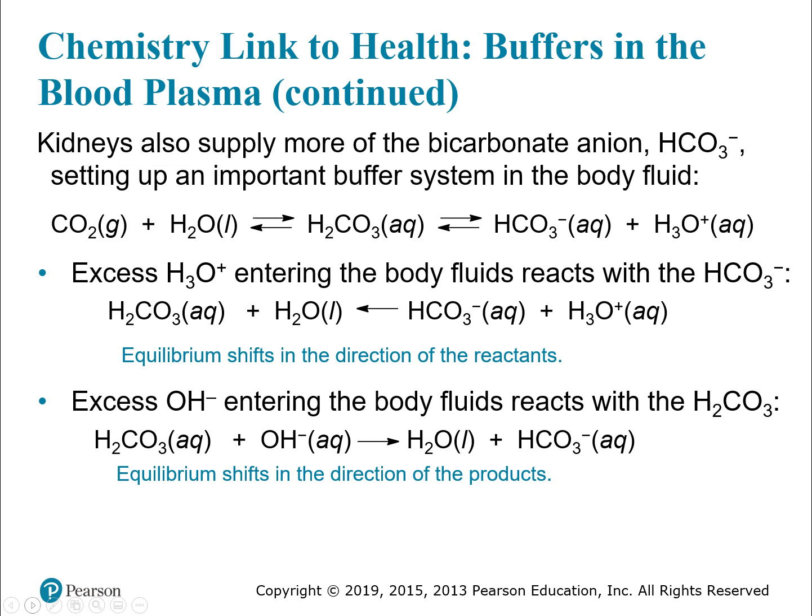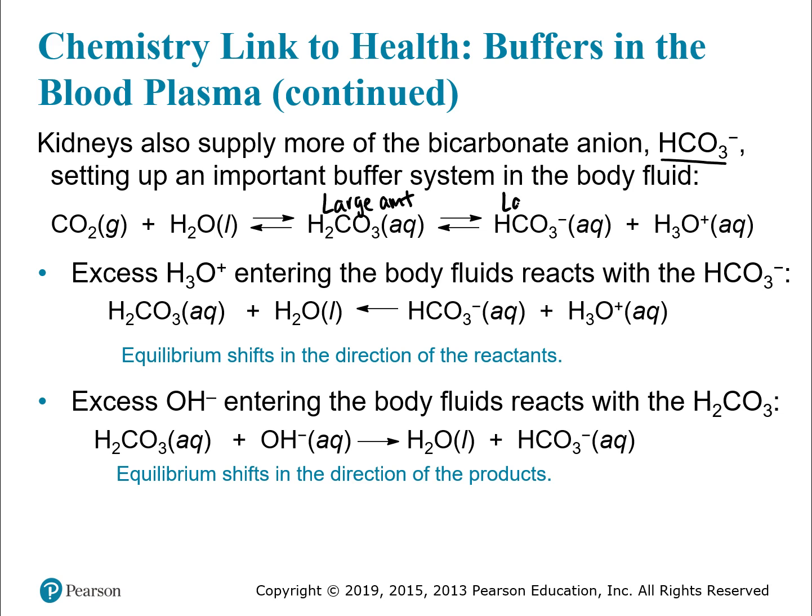In addition to cellular processes and metabolism, your kidneys also supply more of that bicarbonate anion. So just like we were talking about with the buffers that we make on the benchtop, where you've got a large amount of weak acid and a large amount of conjugate base, we have, relatively speaking, a large amount of the carbonic acid that's made from carbon dioxide dissolving in our body fluids.